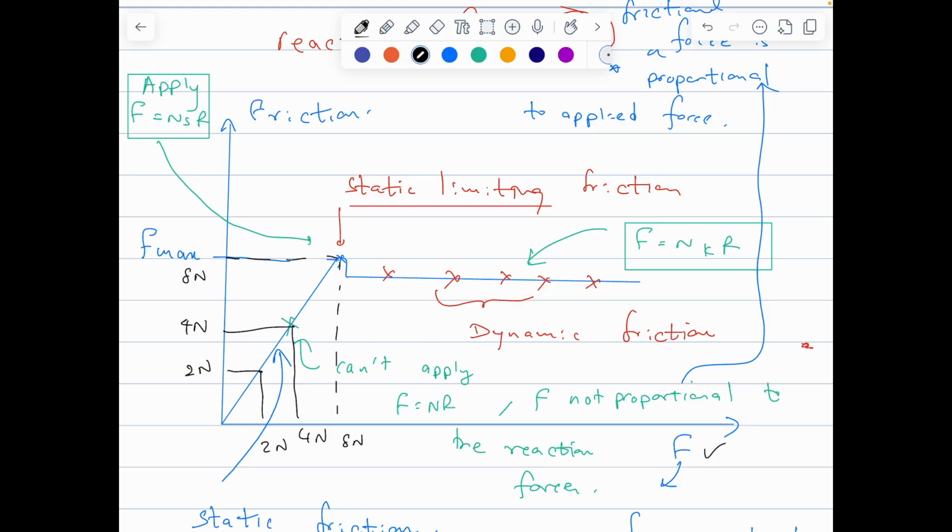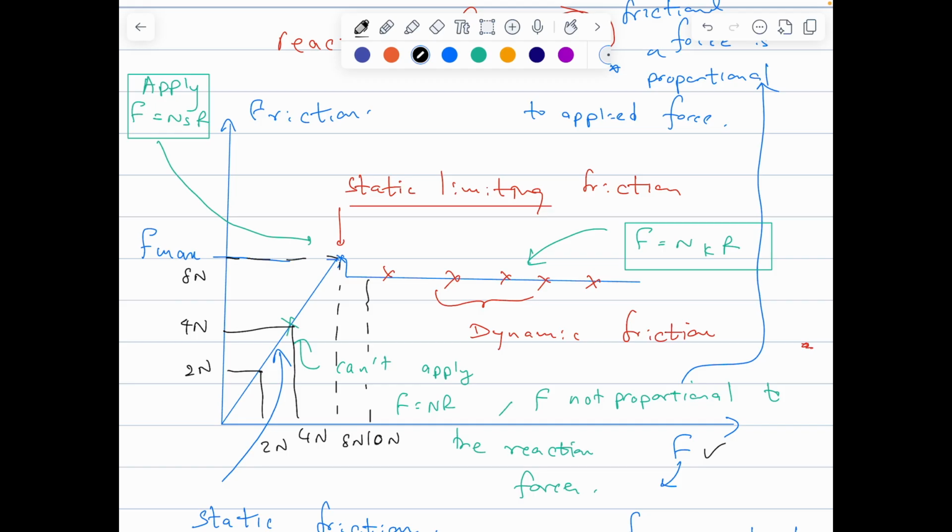But if you apply a force greater than 8 newtons on this hypothetical location I'm talking about, let's say you apply a force of about 10 newtons, friction cannot exceed 8 newtons because I mentioned this 8 newtons is the maximum possible value of friction. So when you apply a force greater than 8 newtons, what happens is the friction value drops a little. And then friction enters a stage called dynamic friction.